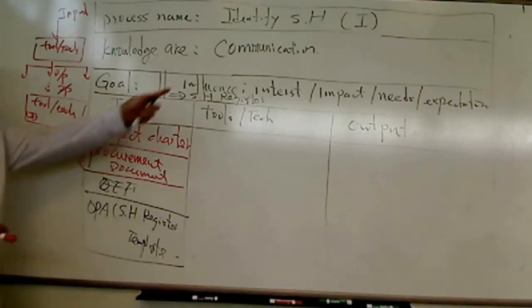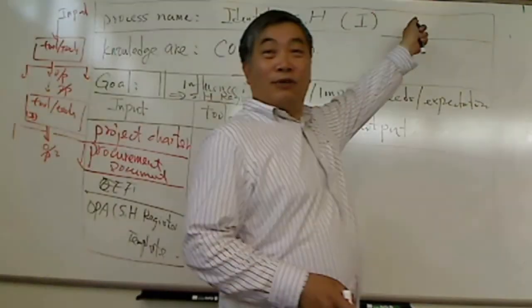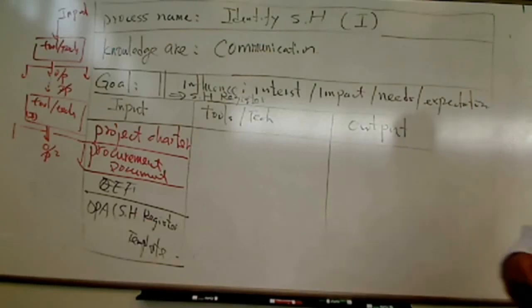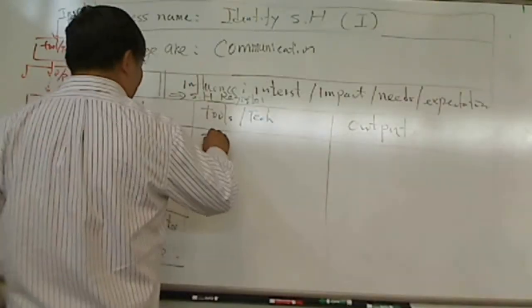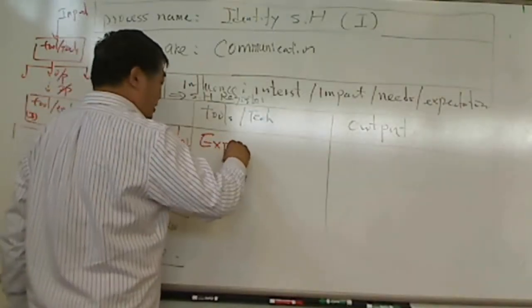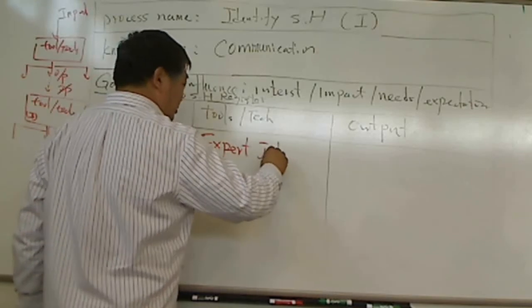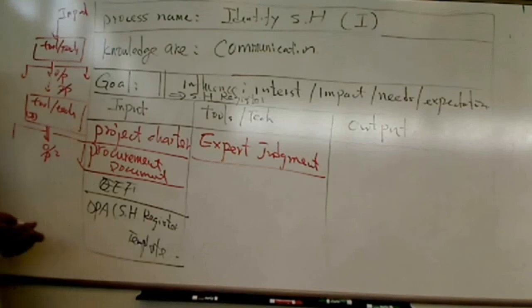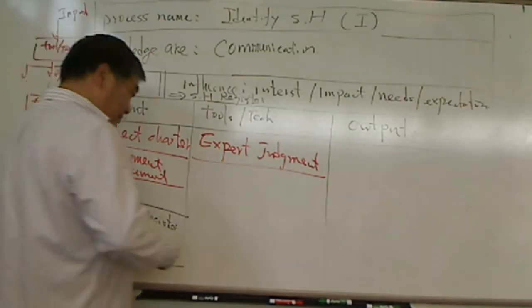The first, this is what? Initiator, right? When you see the initiator, one of the important tools is what? Expert judgment, right? I tell you, so you remember. So here is expert judgment. Another one is what? Stakeholder analysis.